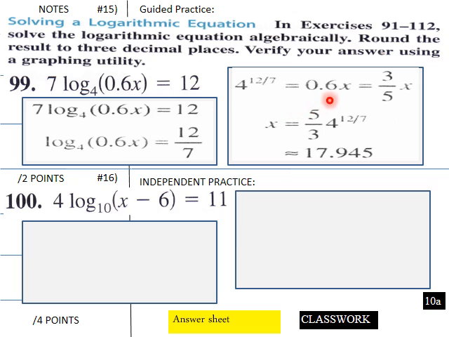Okay, 0.6x equals 3 over 5 x. And then x equals 5 over 3 times 4 to the 12 over 7 power, and that comes out to 17.945 for this one. Here you can check that.